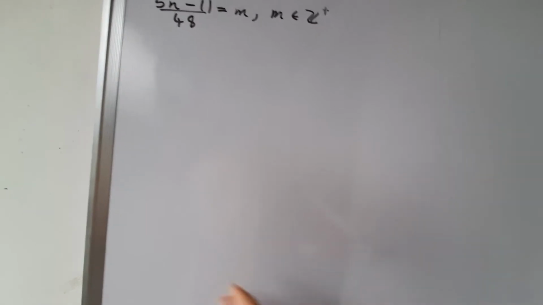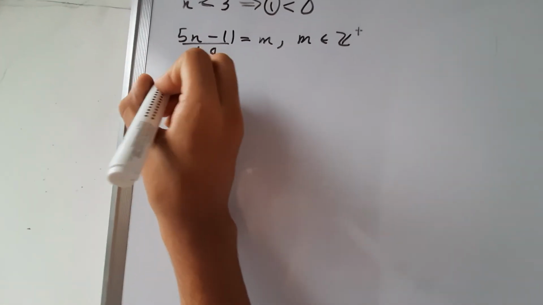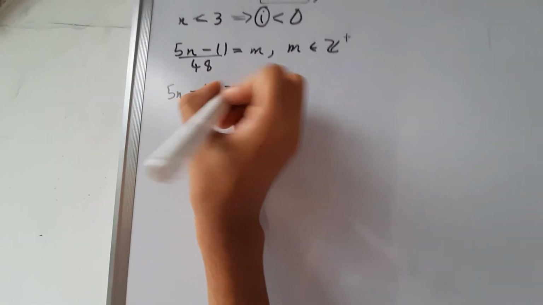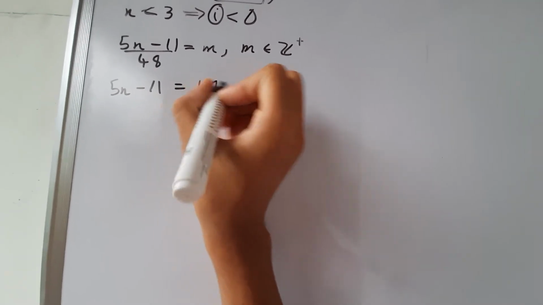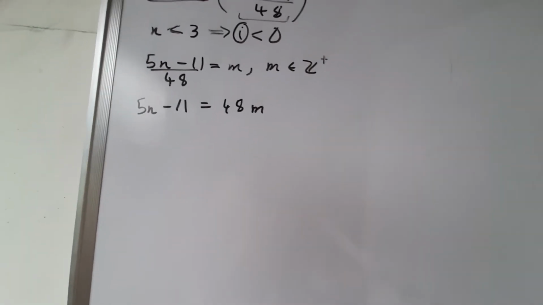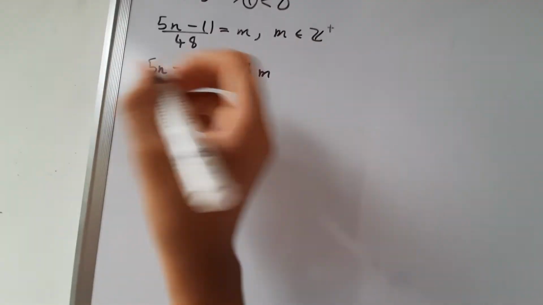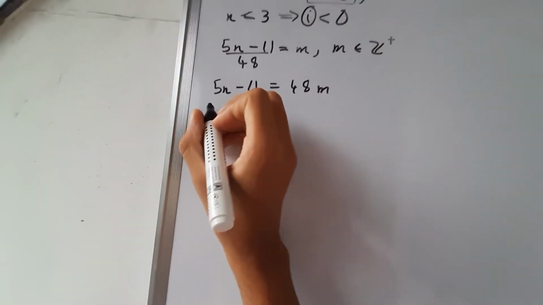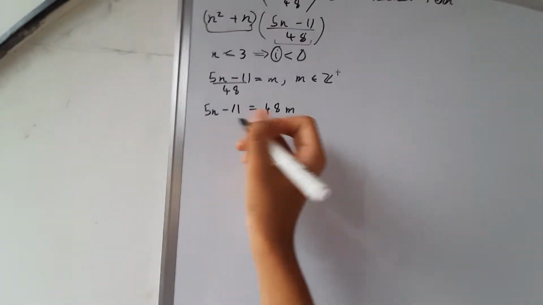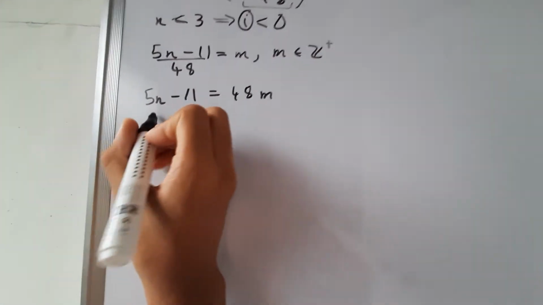This is basically like a Diophantine equation. So I'm just going to convert this into the following form: phi n minus 11 is equal to 48 times m. Now of course we want general solutions, in quotes, because I don't know what those solutions are. So we're going to take mod 48 on both sides.